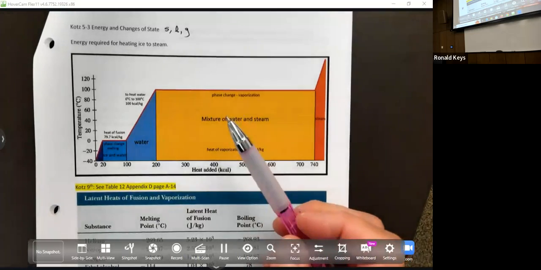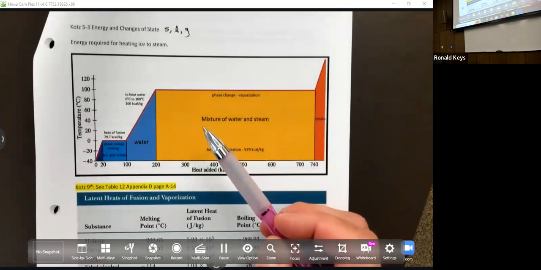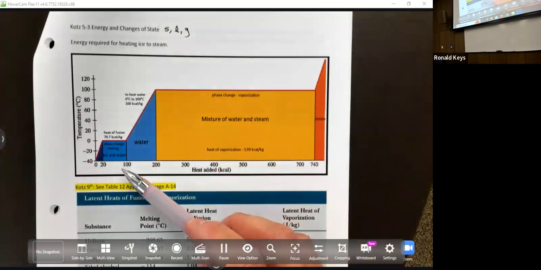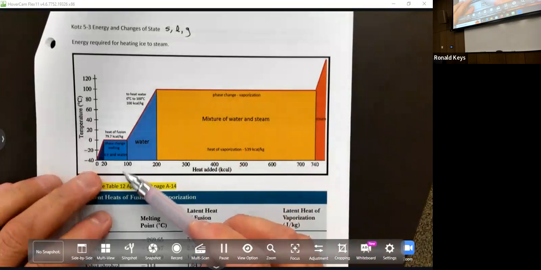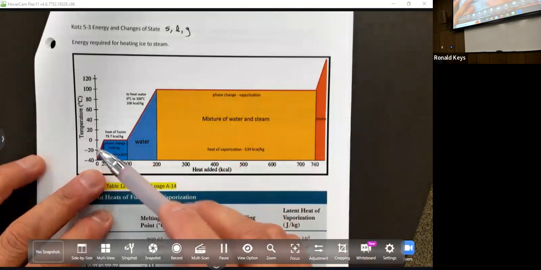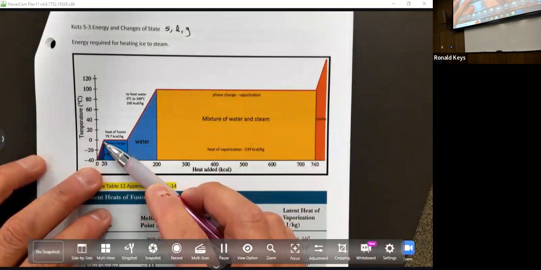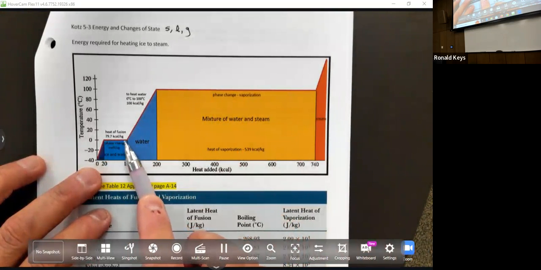So let's look at what we've got here. This diagram here is how much energy it takes for 1 kilogram of ice, in kilocalories. 1 kilogram of ice at -40. We need to heat it up. We need to melt that 1 kilogram of ice.